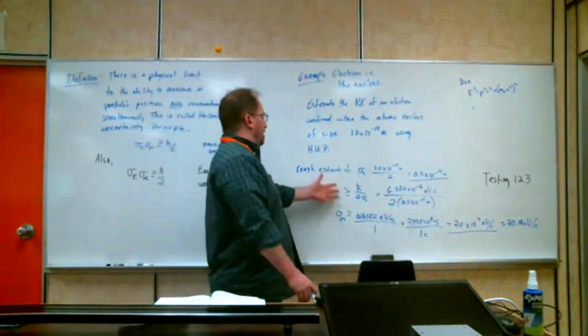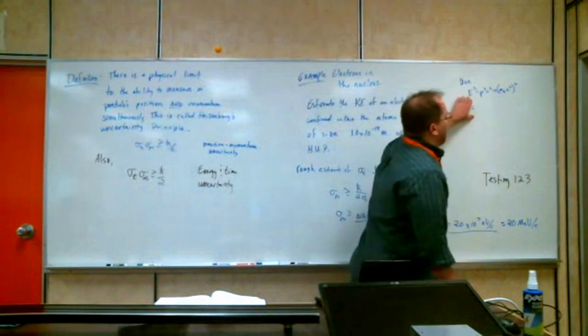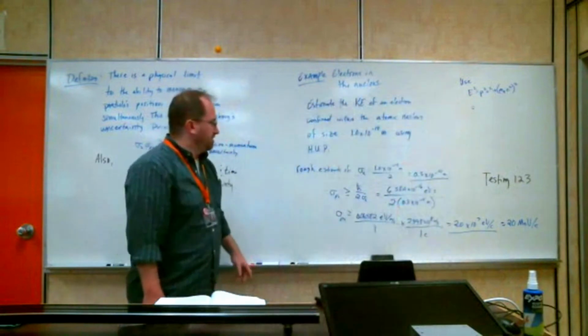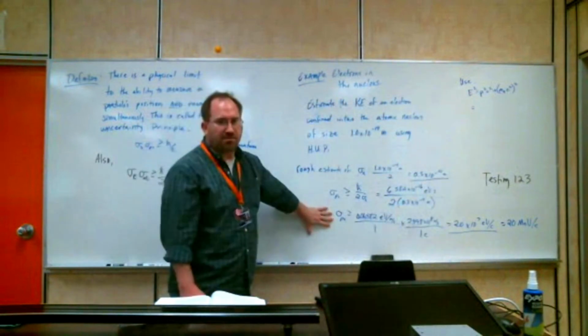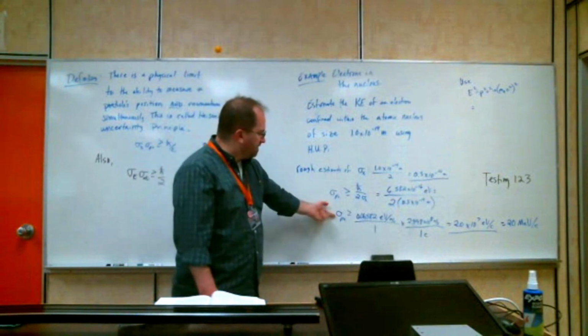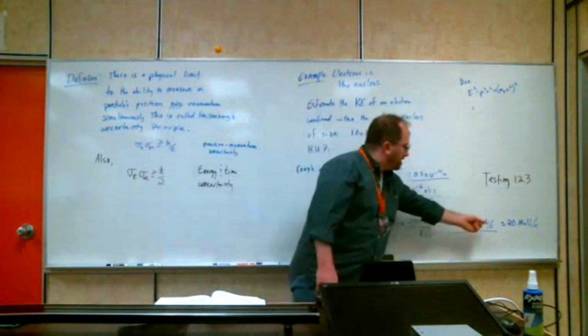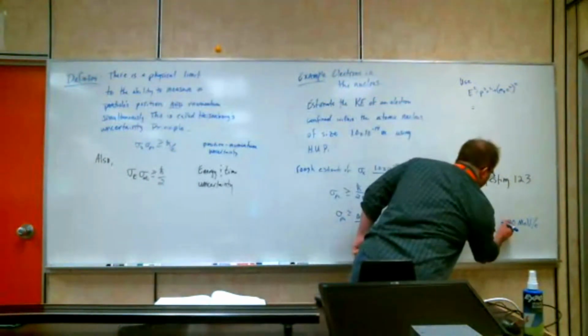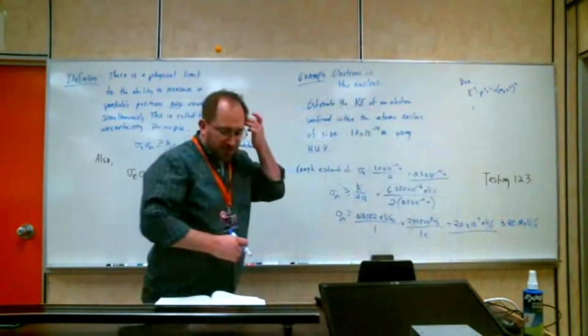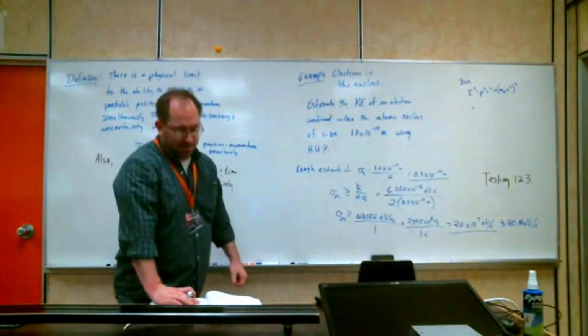So before we even go any further to talk about what the actual kinetic energy is, something to think about is, look at this number. This is the uncertainty in the momentum in the x direction. It has to be greater than or equal to 20 MeV per C.